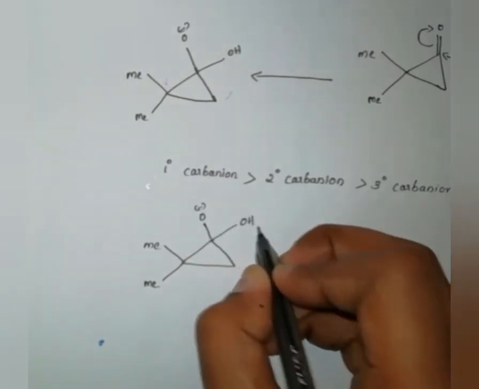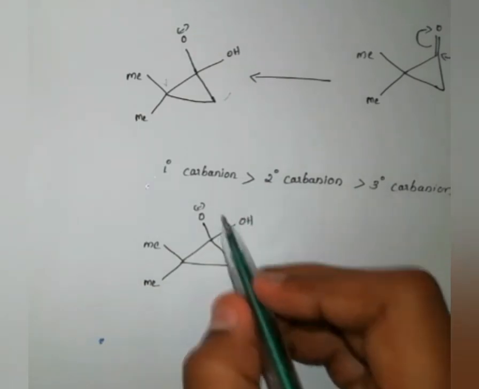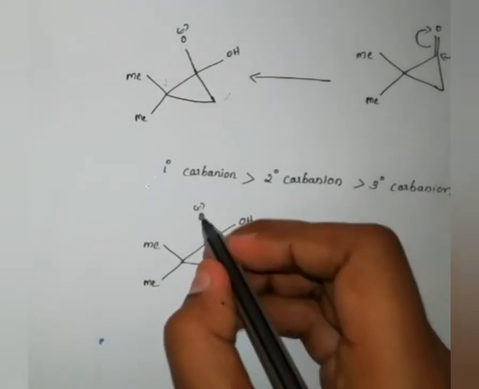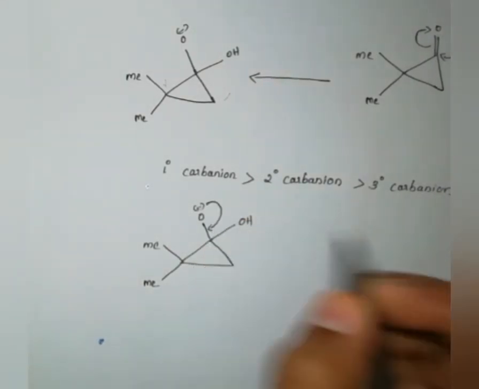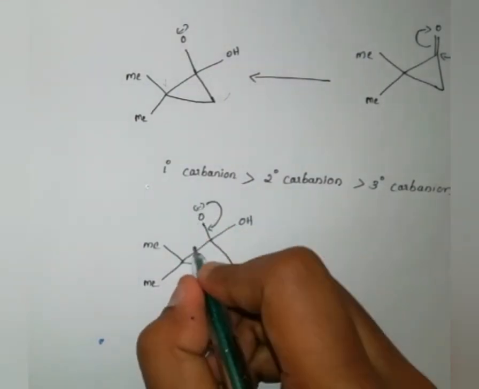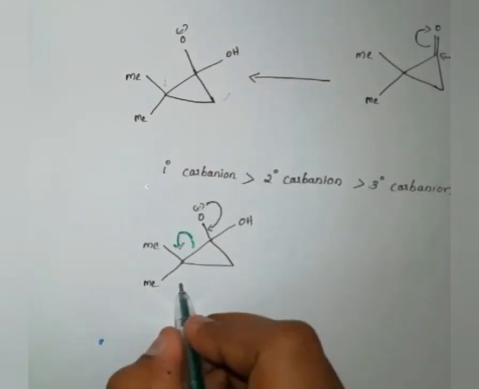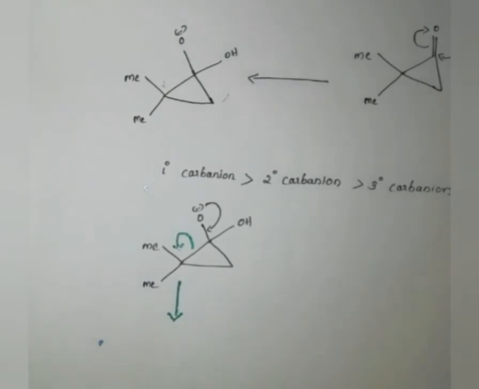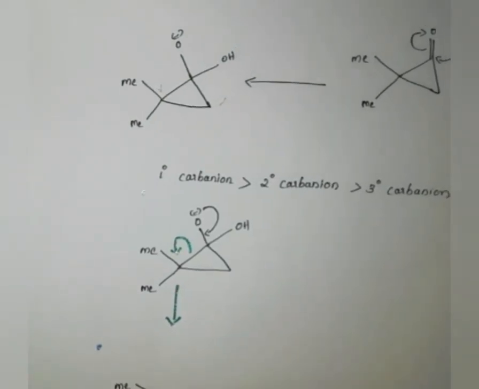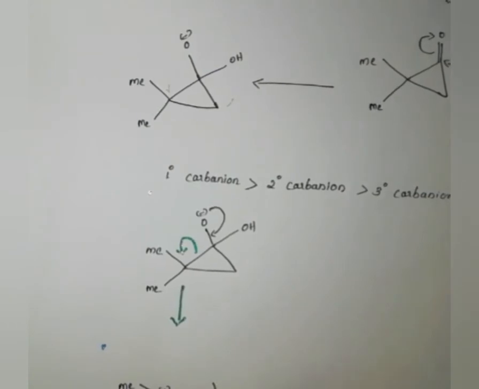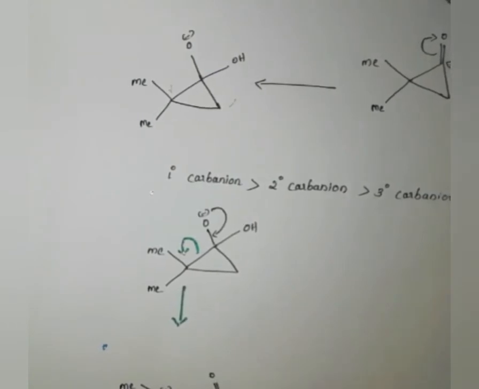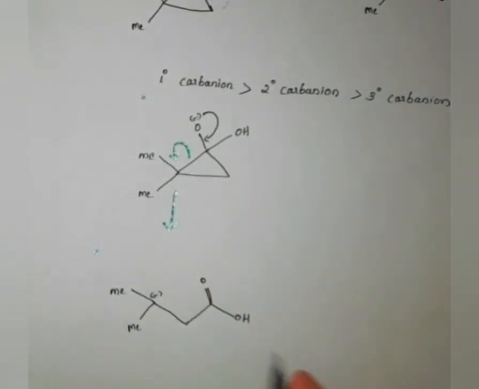Here, when this bond is shifted to this side, this becomes Me, minus charge, OH. This is a tertiary carbanion.